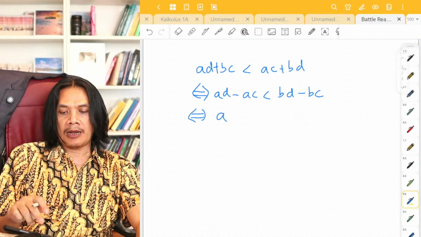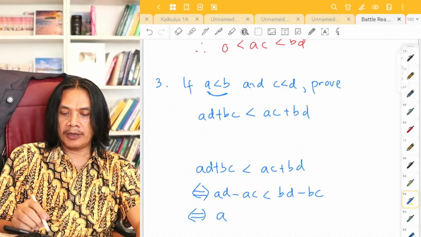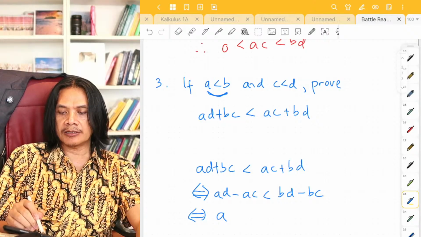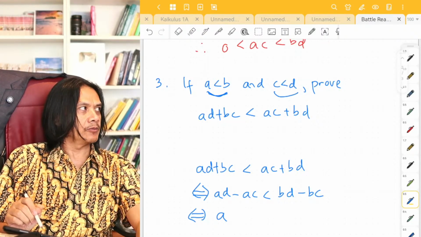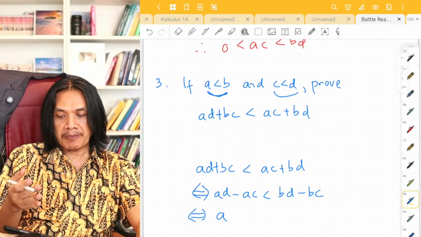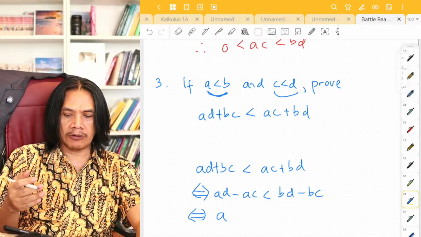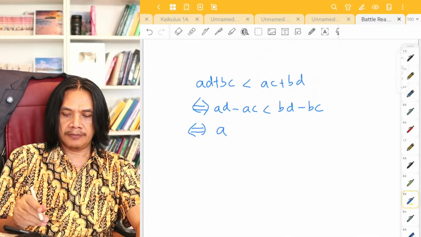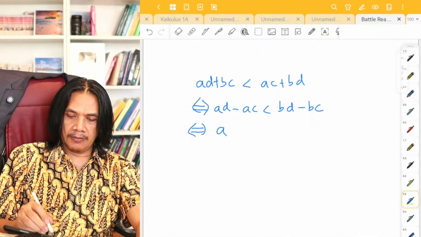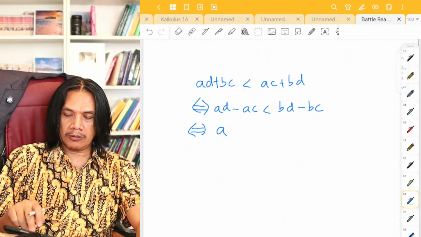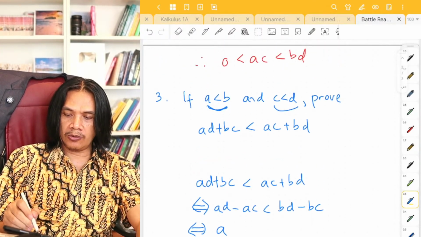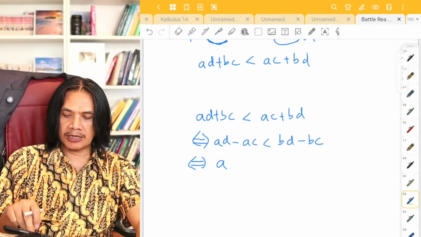Our objective, as I said before, is to somehow use the positiveness of B minus A or the positiveness of D minus C. BD minus BC minus AD plus AC is bigger than 0, right? Can you see that you can get the D minus C expression from this?